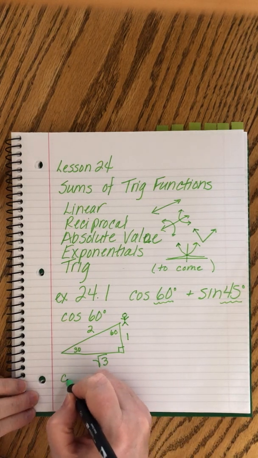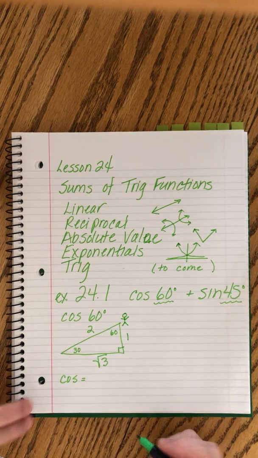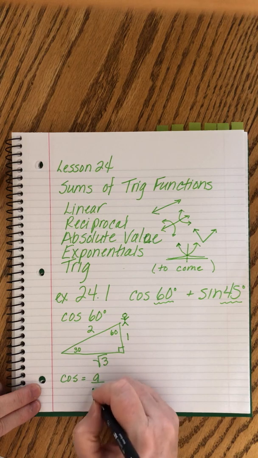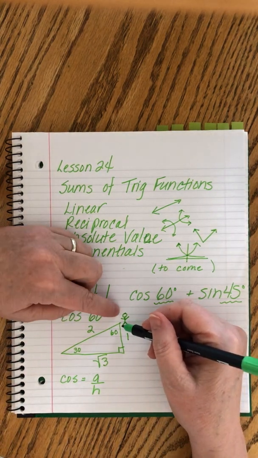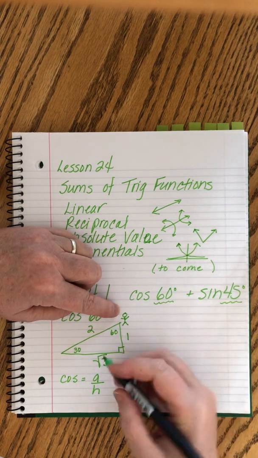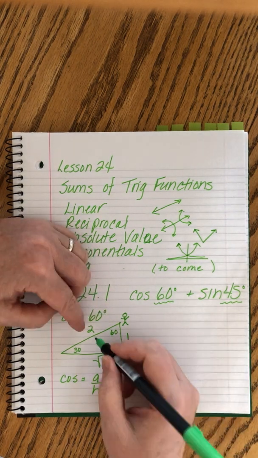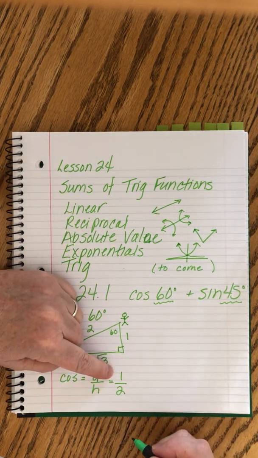Cosine is equal to adjacent over hypotenuse. Oscar had a hold over Arthur. So from up here, my adjacent side is 1, and the hypotenuse is 2. So the cosine of 60 degrees equals 1/2.